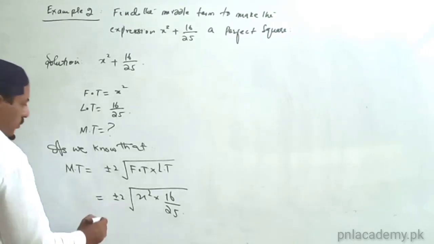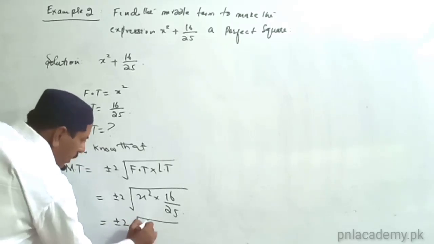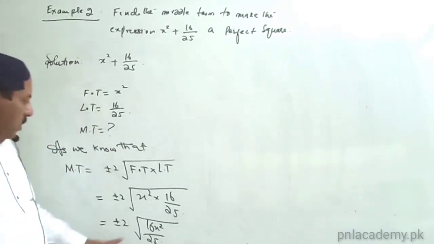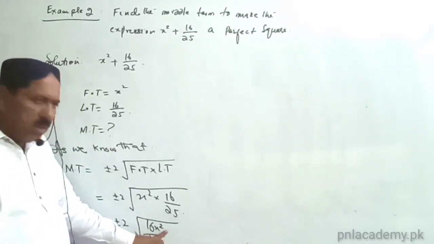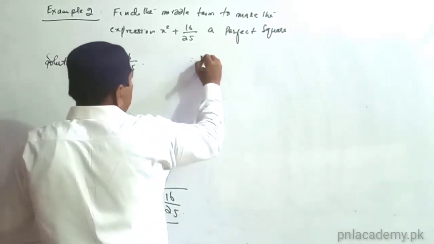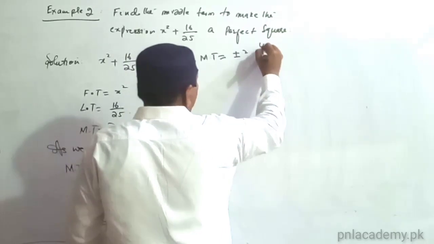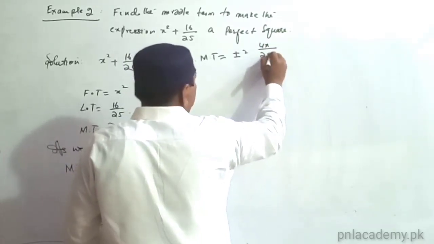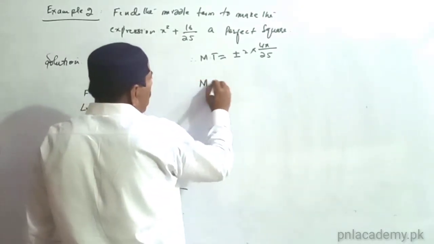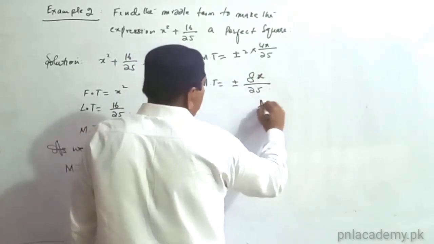So this will be plus minus 2 radical 16x square upon 25. Now the square root of 16 is 4, of x square is x, of 25 is 5. So our required middle term is equal to plus minus 2 times 4x upon 5. 2 and 4 are in multiplication. Therefore finally the middle term is plus minus 8x upon 5, which is our answer.